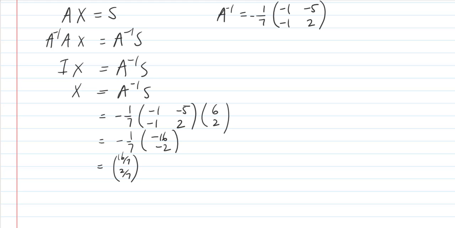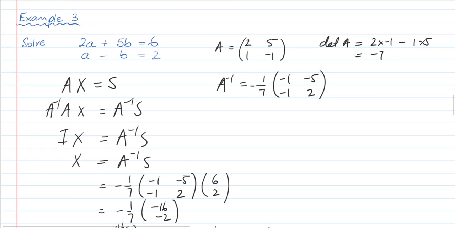And of course, I could run through and check that now quite easily if I needed to. So have a look at that, and we can now define A equals 16 over 7, or 2 and 2/7, and B is equal to 2/7. Okay, so that's example 3.